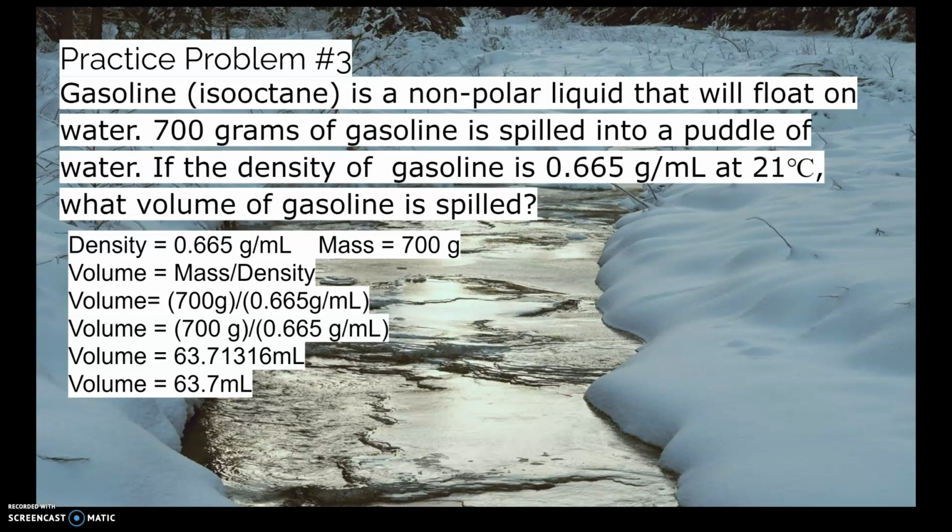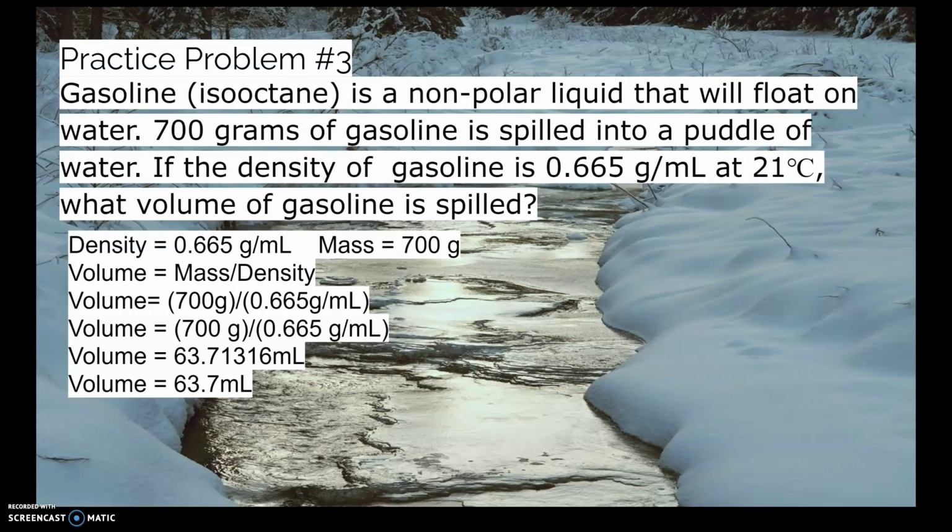Problem number 3 states that gasoline, or scientifically known as isooctane, is a nonpolar liquid that will float on water. 700 grams of gasoline is spilled into a puddle of water. If the density of gasoline is 0.665 grams per milliliter at 21 degrees Celsius, what volume of gasoline is spilled?